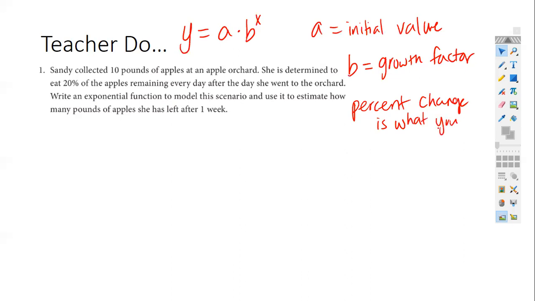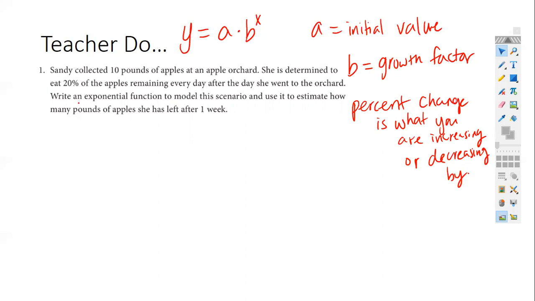It's good to write this down. You should have room at the top. Increasing or decreasing by. These are things that you're going to hear me saying while we're doing this.